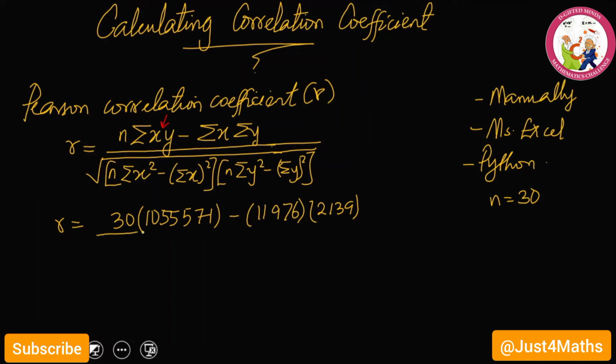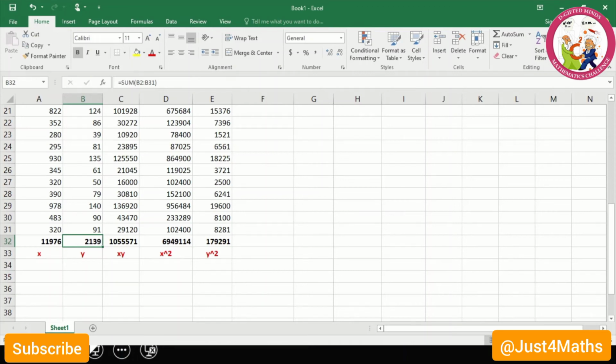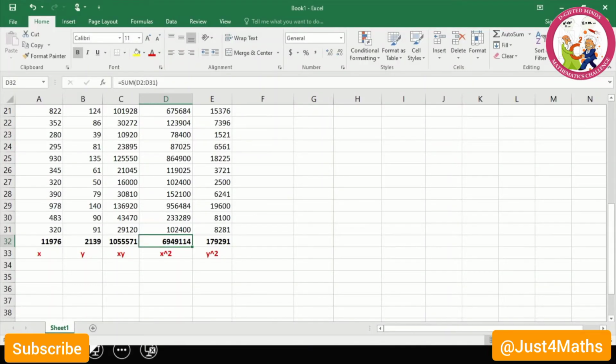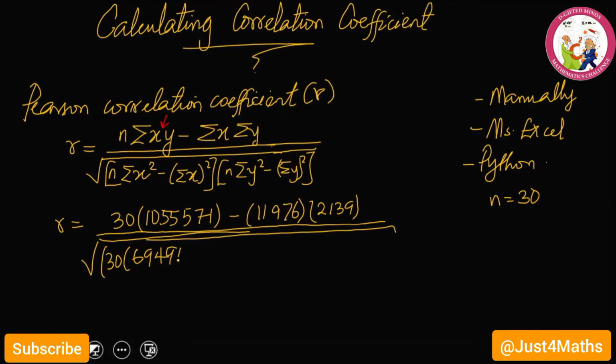Then you divide all over the square root of the denominator. So here n is 30. Now substitute the value of summation x squared. This is summation x squared, and that value is 6,949,114.